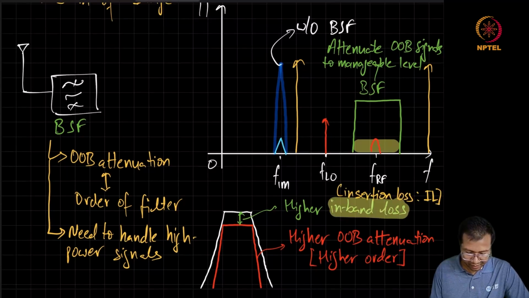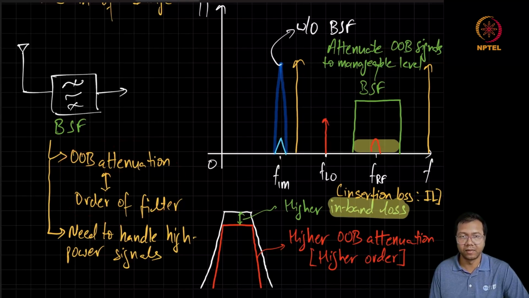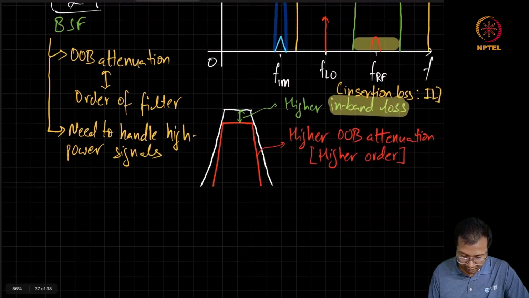Okay, so we can see that the design of the band select filter is not straightforward. We need to have this trade-off between the insertion loss and the out of band attenuation. Also, the filter needs to handle much higher power signals compared to the in-band signal.